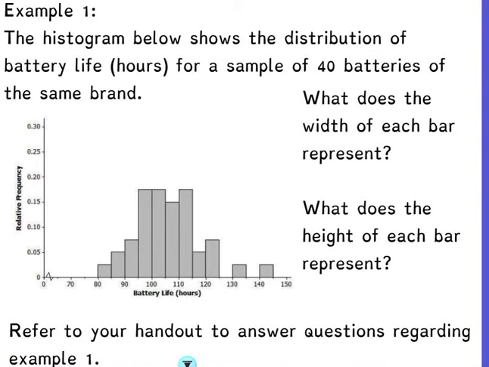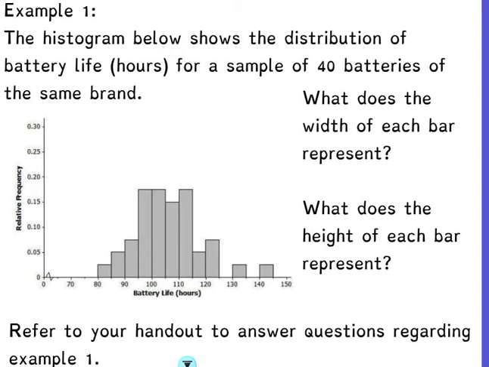Looking at the next slide, we've got example 1, and this is part of the notes that I printed out for you, so I'd glue this into your notebook. The histogram below shows the distribution of battery life in hours for a sample of 40 batteries of the same brand. What does the width of each bar represent?